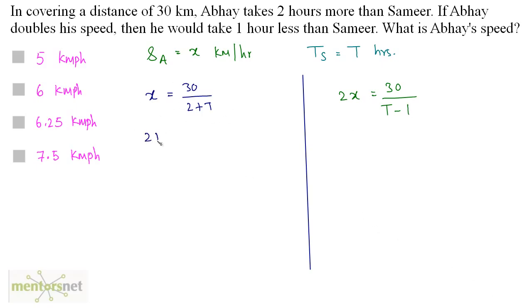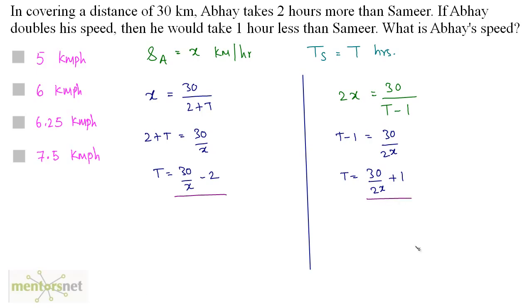Now let us modify these two equations. We have 2 plus t is equal to 30 by x, and here t minus 1 is equal to 30 by 2x. Again here t is equal to 30 by x minus 2, and here t is equal to 30 by 2x plus 1. Now we want to calculate the value of x, and we have the left hand sides as equal, so we can equate these two terms.